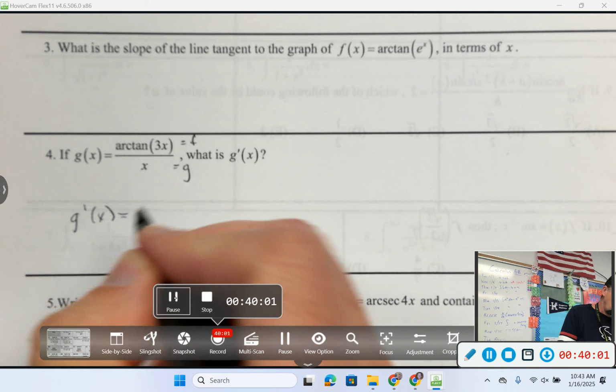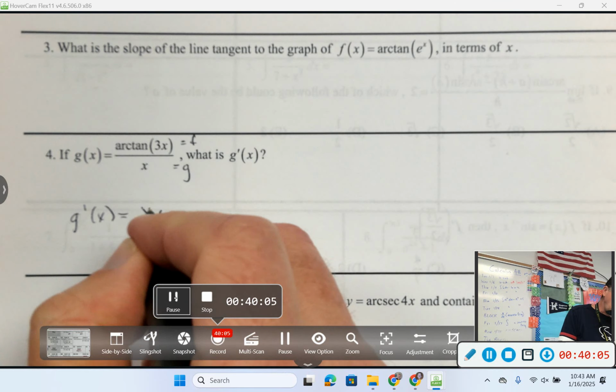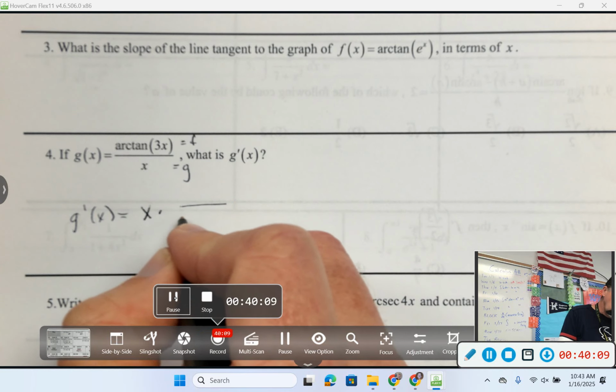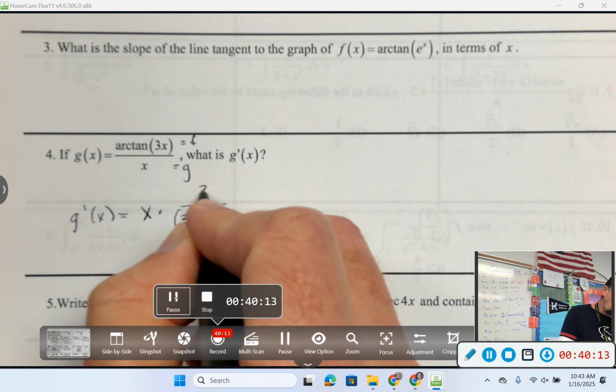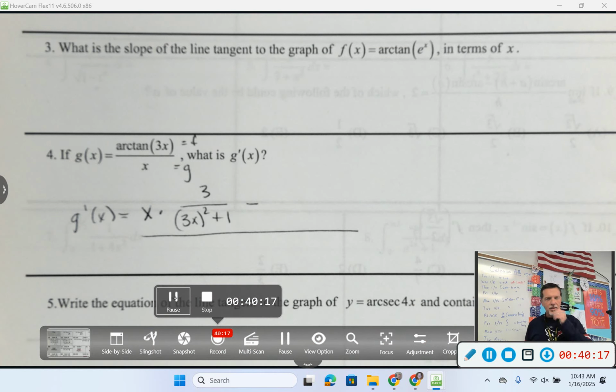Okay, so g f prime. So the bottom times the derivative of the top. So 3x squared plus 1, chain rule times 3, minus the other way around, top times derivative of the bottom.